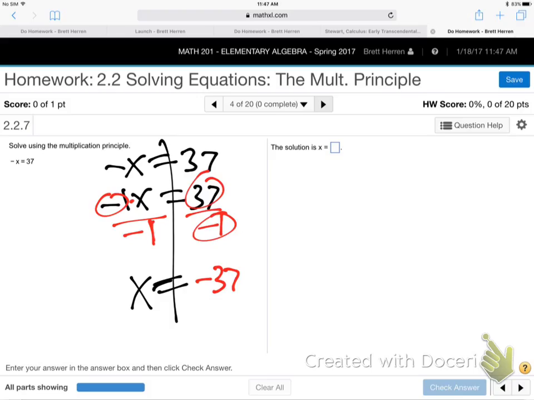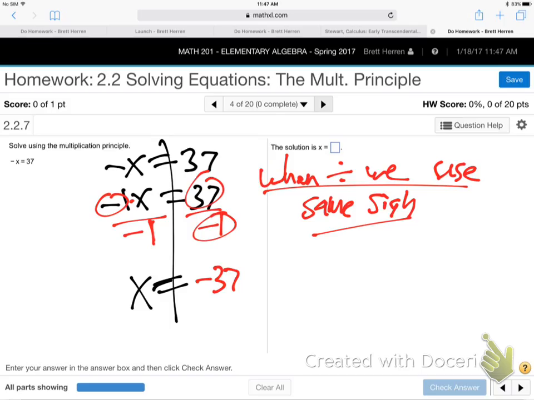Opposite. So when you divide, in other words, you use the same sign, don't you? Let me write a note on that. So when we divide, we use the same sign. So whenever we divide both sides, we divide by the very same sign.